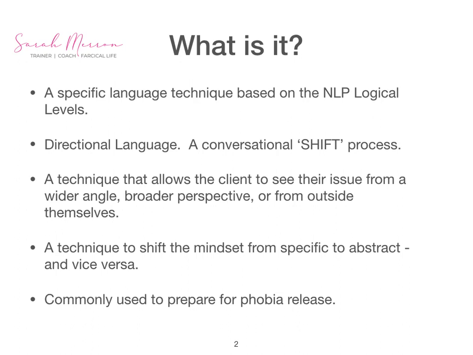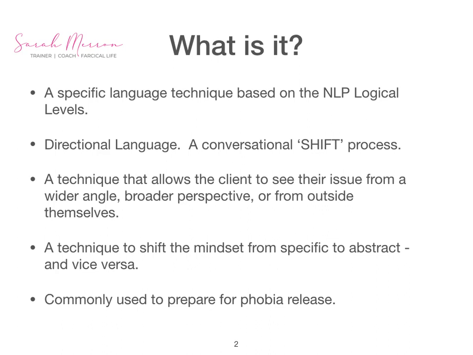It's a very specific language technique based on the NLP logical levels, which I'm going to talk to you about in a minute. These are based on the teachings of the fabulous Robert Dilts, the protege student of Gregory Bateson, who was a mentor for him. It's all about directional language.